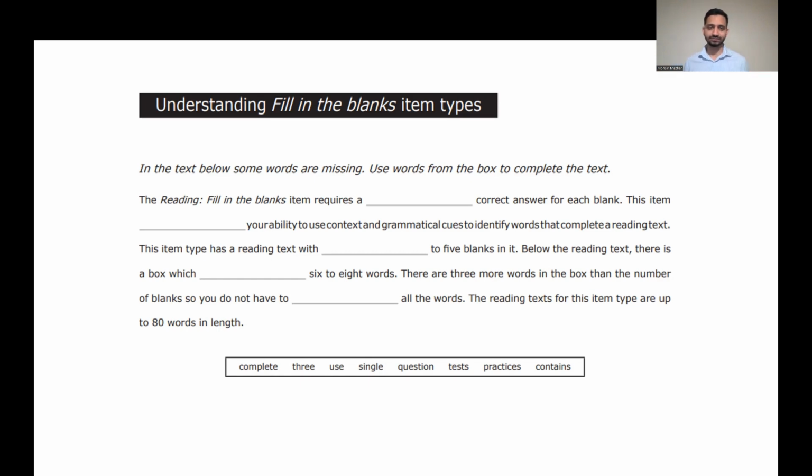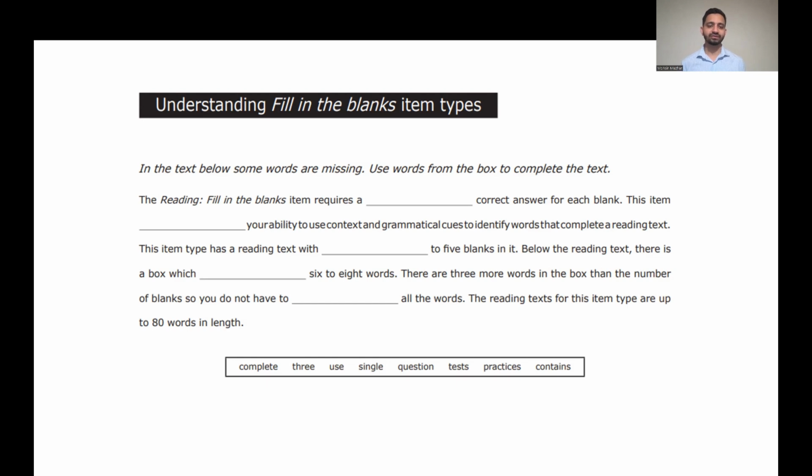So I will read it like this. Without paying attention to the gaps, I will read it. The reading fill in the blanks item requires correct answer for each blank. This item tests your ability to use context and grammatical cues to identify words that complete a reading text.